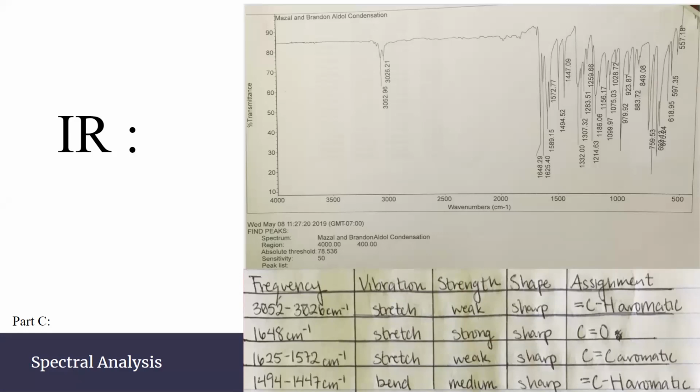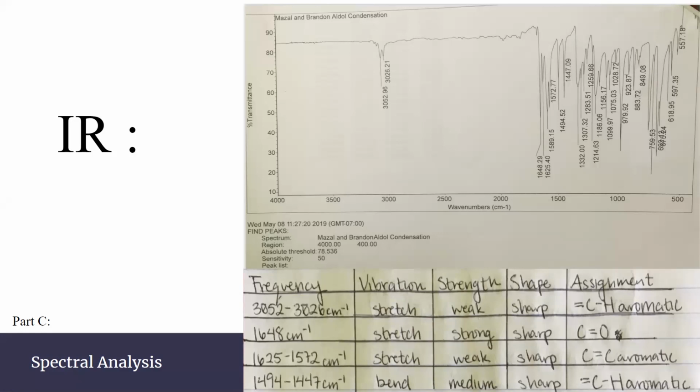So taking a look at the IR, we can see 4 significant peaks. From 3026 to 3052, we see a weak, sharp peak, which indicates a CH aromatic sp2 stretch.